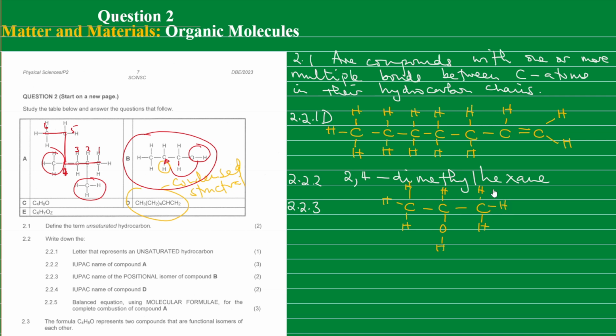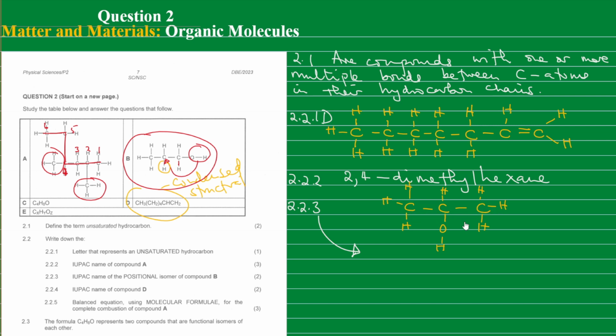So that will be a positional isomer, which means they will have the same molecular formula but different positions of the hydroxyl group. Now what they want here is the IUPAC name, which means what is the name for that. That is what we need to write as our answer. So what is the name for this one? This one is a propanol.